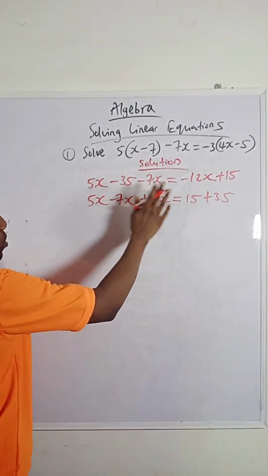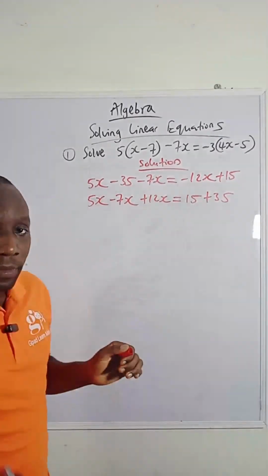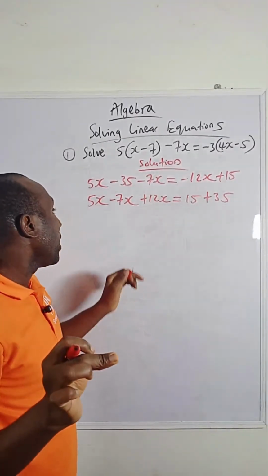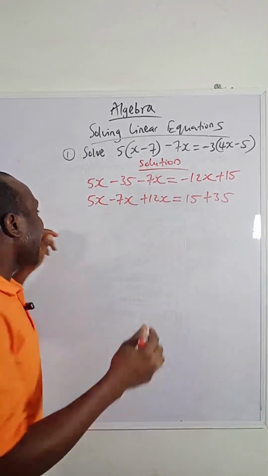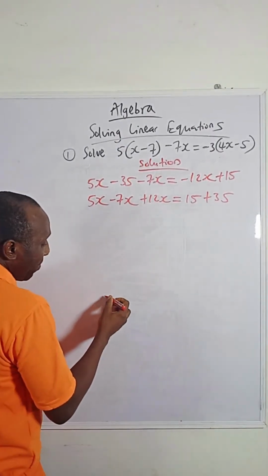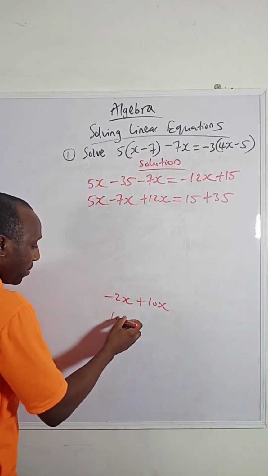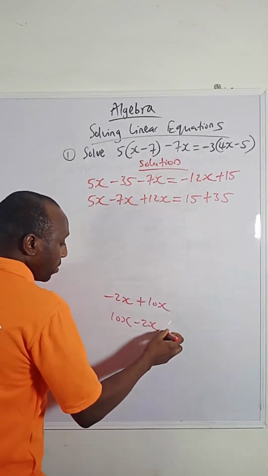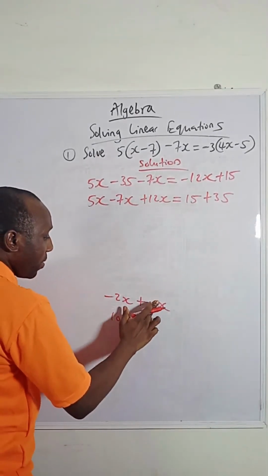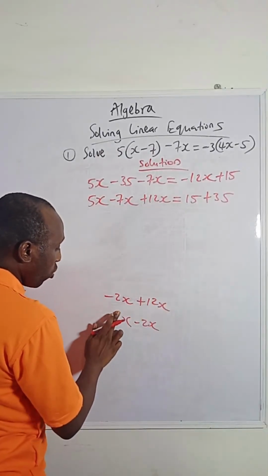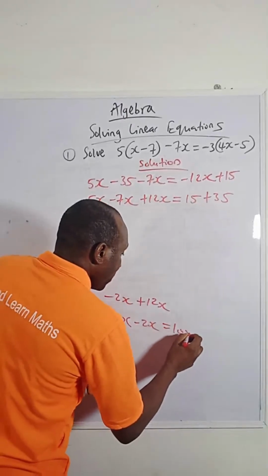Now, we need to simplify this. 5x minus 7x is what? Minus 2x, right? Minus 2x plus 12x is like saying 12x minus 2x, which is 10x.